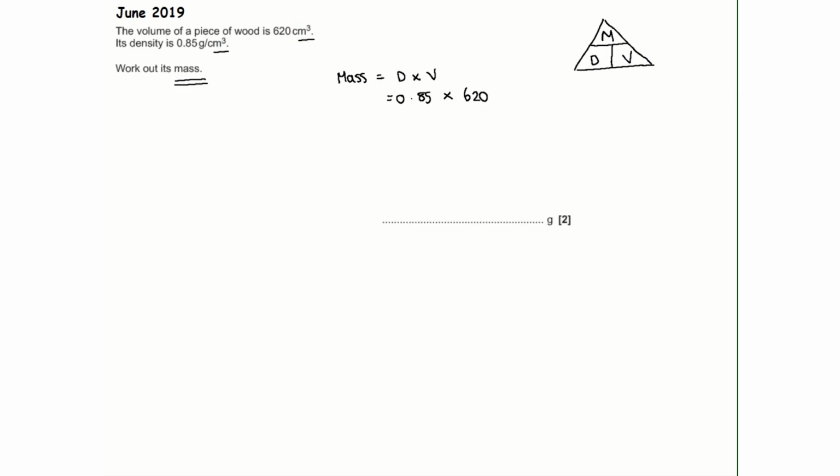This and this both have the same units, so therefore I'm not going to make a mistake. And then I just need to type that into the calculator. And that gives me an answer of 527. And I know that is in grams, it gives me grams on the answer line already, so I just need to repeat my answer down below. And that's it.